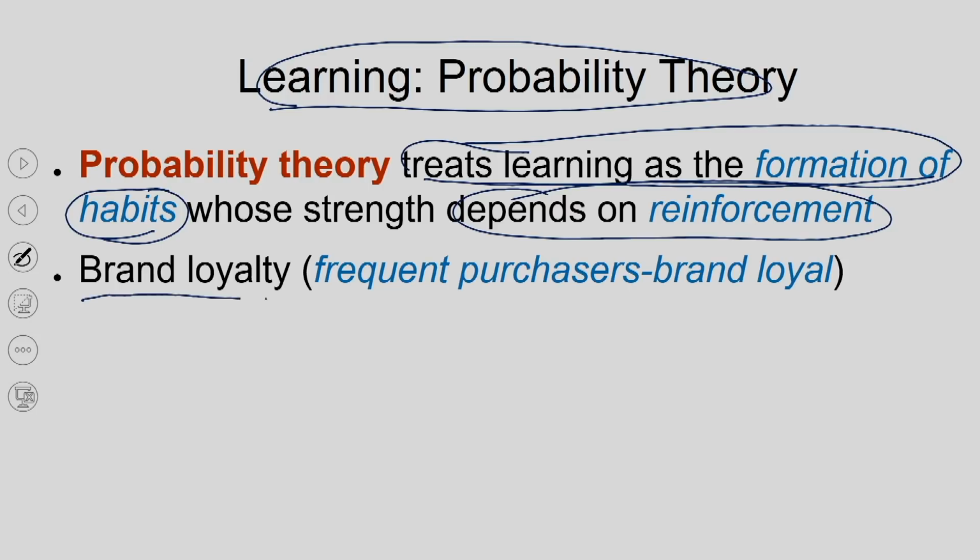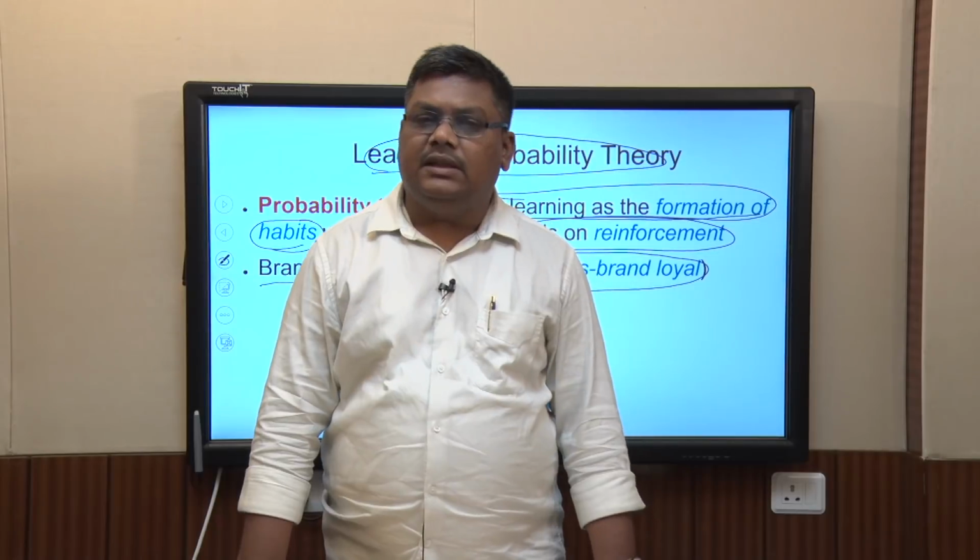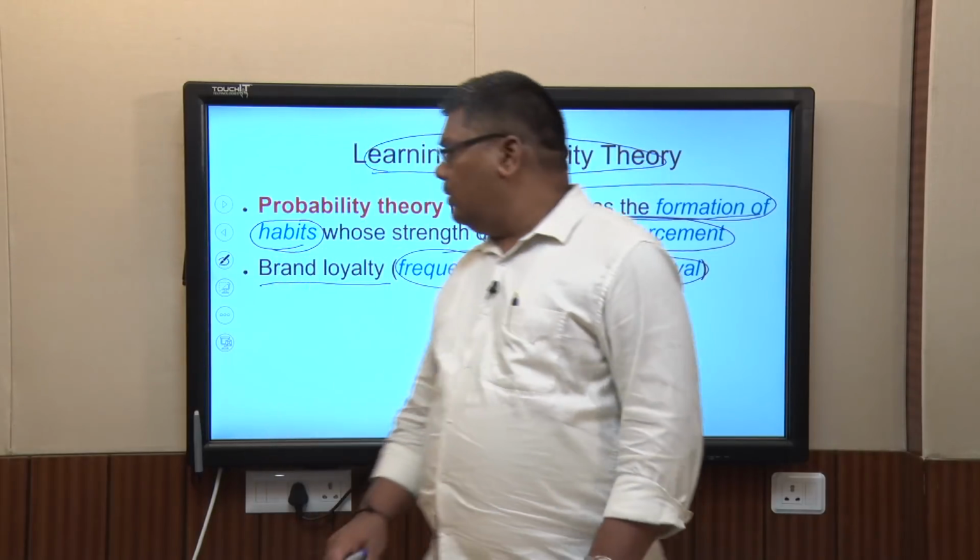The first is regarding brand loyalty. Frequent purchasers are often brand loyals. Those people who buy a brand again and again and get satisfied with it again and again become more brand loyal.